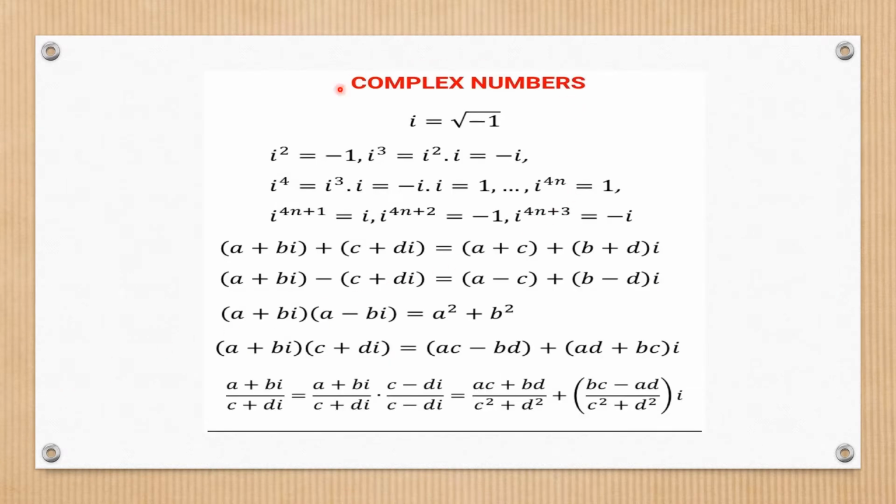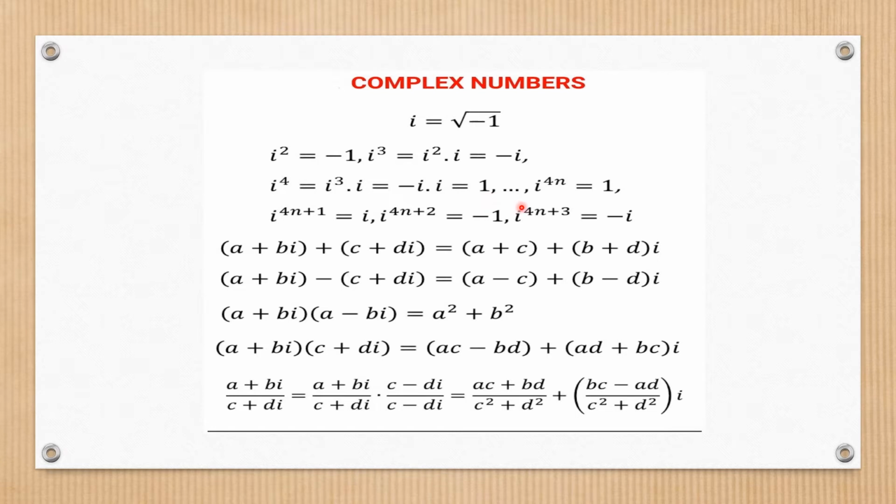Now let us understand how to solve powers of i. i is equal to the square root of -1. i² is -1, squaring this. i³ will be i² into i, that is -i, because i² is -1 and -1 into i is -i. i raised to power 4 can be (i²)², that is (-1)², which is 1, or it can also be written as i³ into i, that is -i into i, that is -i², and -i² will be -(-1), that is +1.